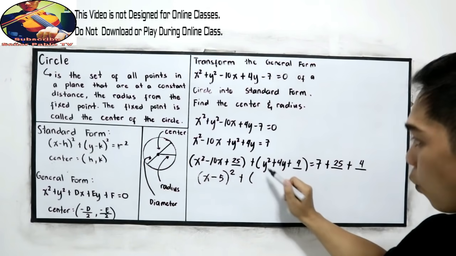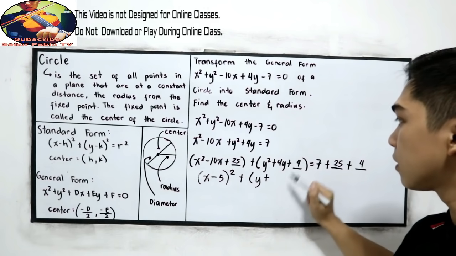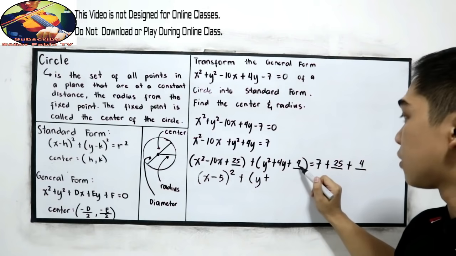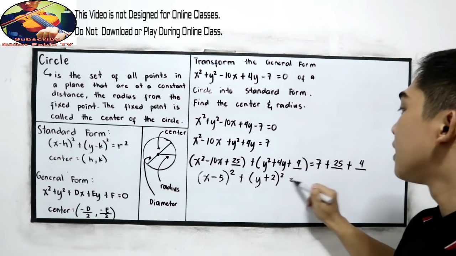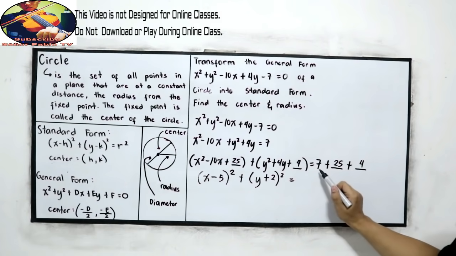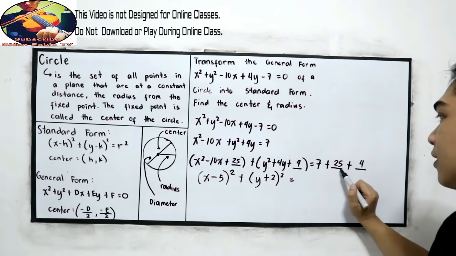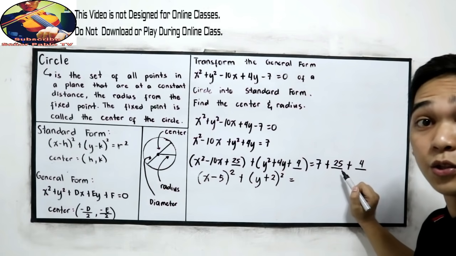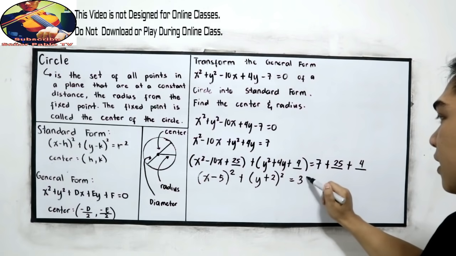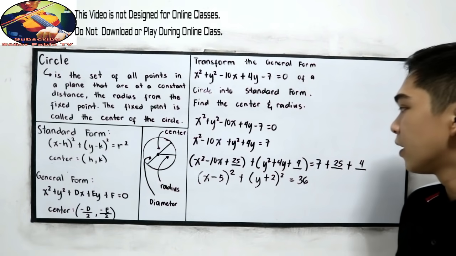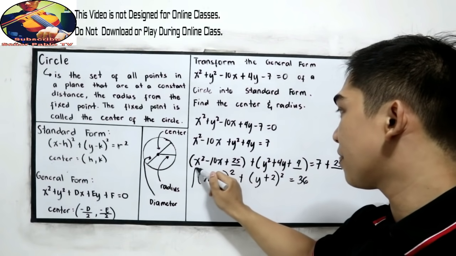Plus y, sign of the middle term, plus, square root of 4, positive 2, squared, is equal to, so we need to add 7 plus 25, that is 32, plus 4, we have 36. So this is now our standard form.